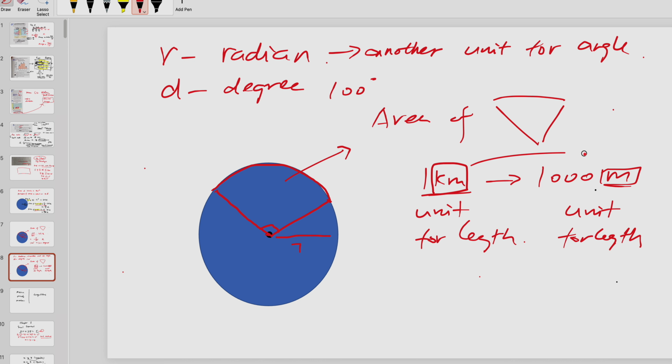And there is a conversion. The conversion factor is 1000 in this case. Does it make sense? So you have kilometer, you have meter, they are both units for length, and between these two units, there is a conversion factor, 1000.